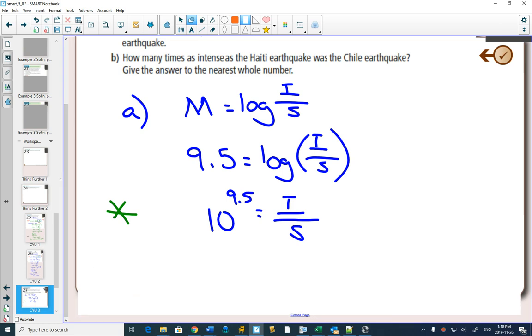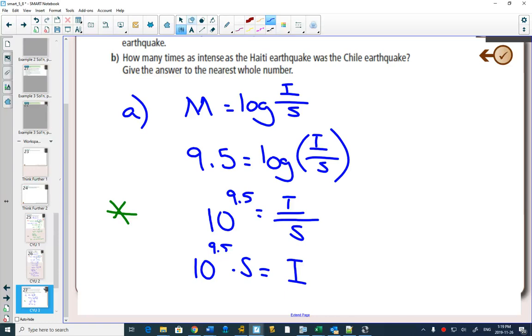And so if we wanted to solve for I, we would just have to multiply both sides by s. So we have solved for the intensity in terms of a standard earthquake. In other words, the intensity of this earthquake is 10 to the power of 9.5 times bigger than a standard earthquake.